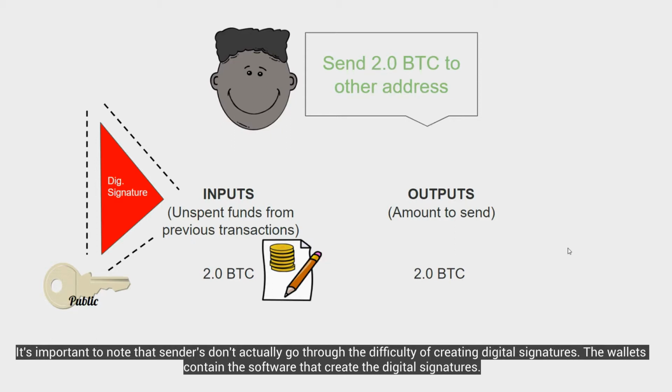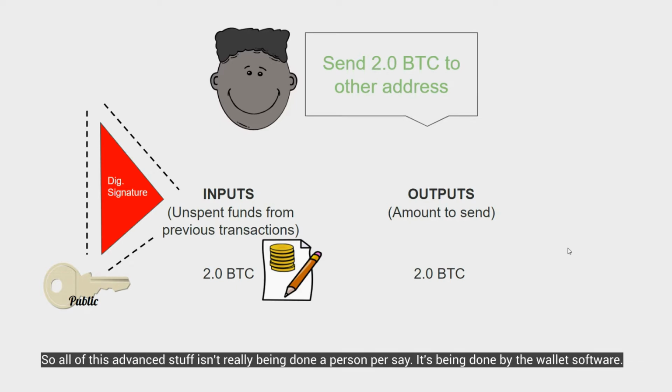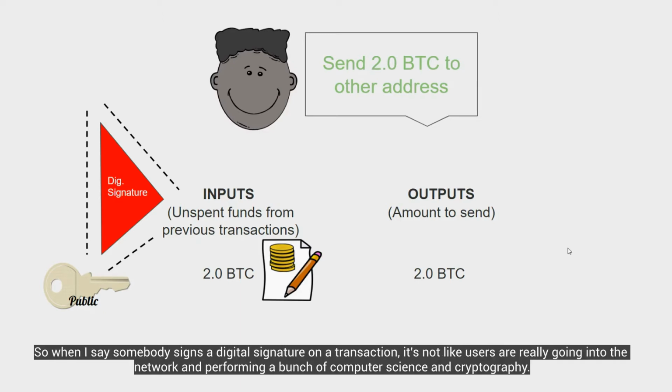The wallets contain the software that create the digital signatures. The wallets create the private and public keys. And with every transaction that you try to send through the wallet, it will create the corresponding digital signature that matches up with those keys and matches with the data that is being sent. So all of this advanced stuff isn't really being done by a person per se. It's being done by the wallet software.